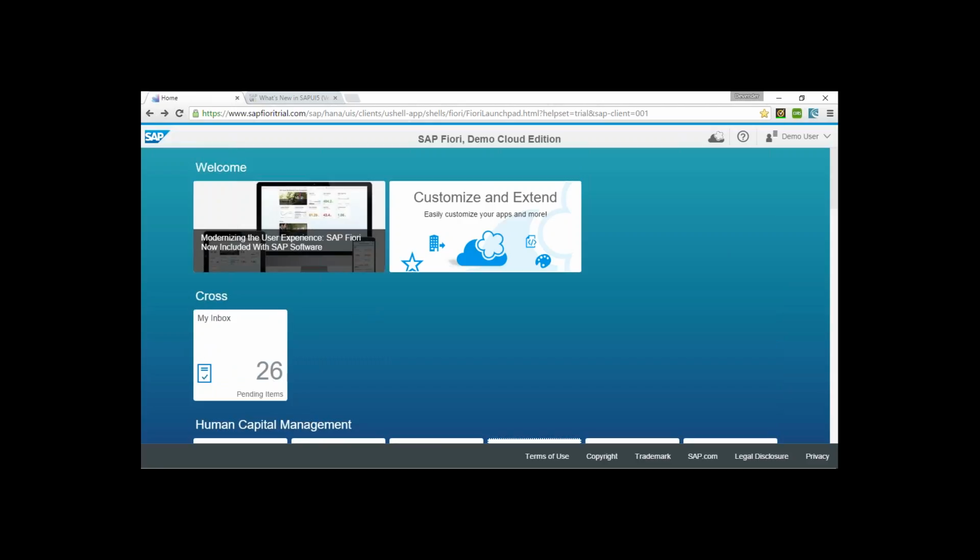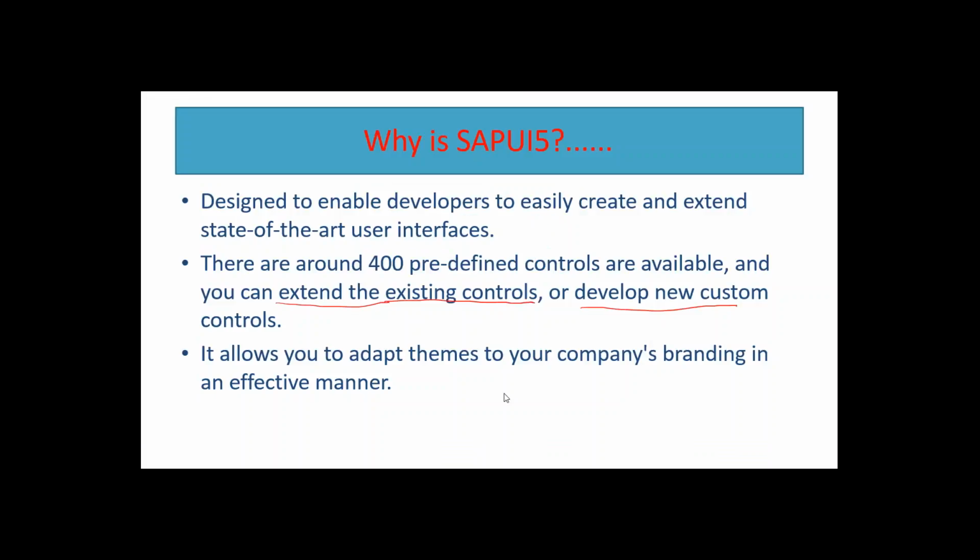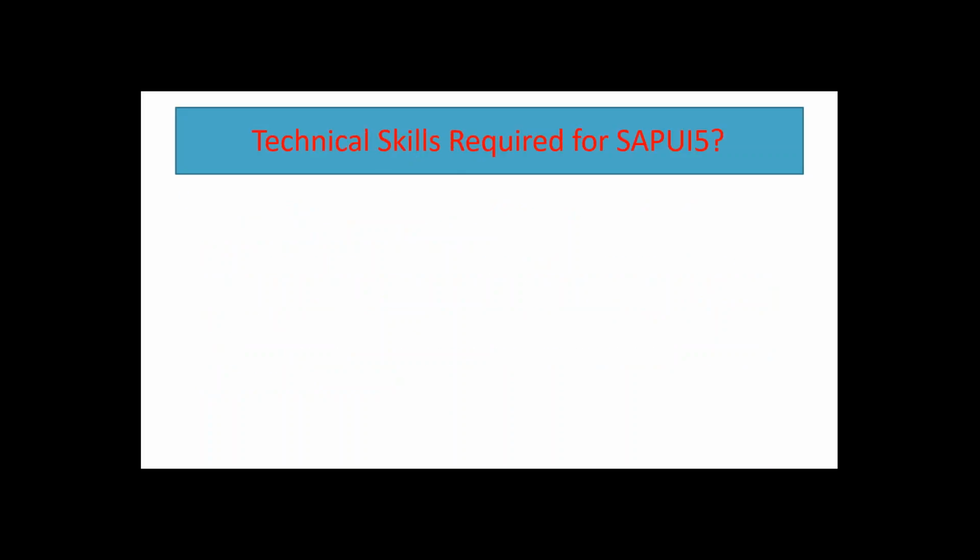If they want customization, this can also be done using SAP UI5. That's the best advantage of using SAP UI5: theming and branding can be done easily. That's the best part of SAP UI5.